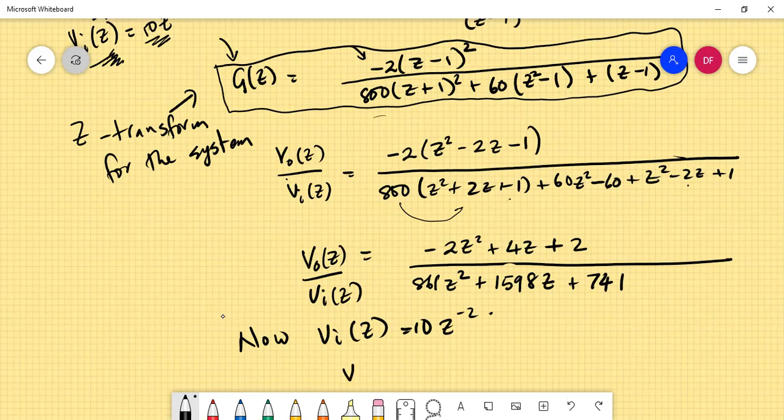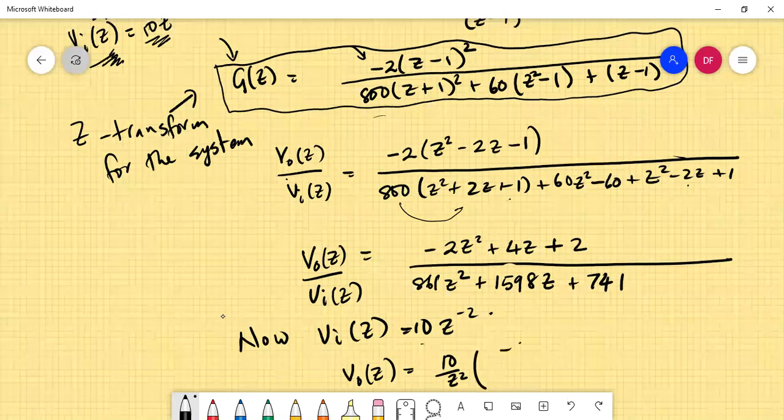That would give me V out of Z equal to 10 over Z squared, multiplying by V in of Z. This is 10 over Z squared minus 2Z squared plus 4Z plus 2.